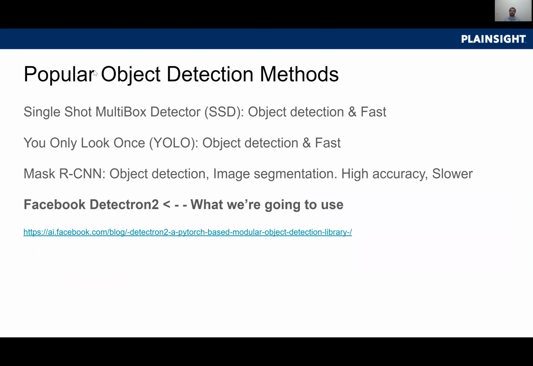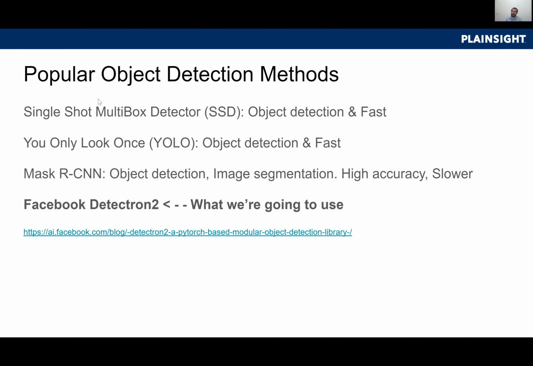All right, so some popular object detection methods. We have single shot multi-box detector, abbreviated as SSD. It does object detection and it does it very fast. So this is a common lighter weight model that people might choose to deploy on a Raspberry Pi or a Jetson Nano or something like that. Then you have YOLO, you only look once, it does object detection and it's fast. And there have been several new ones since I've even looked at the benchmark, because new stuff is coming out all the time.